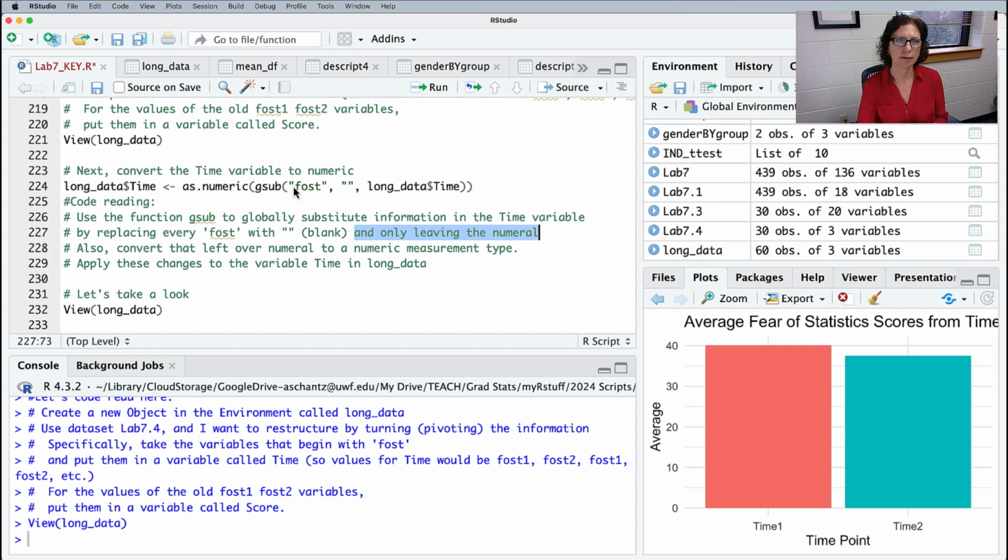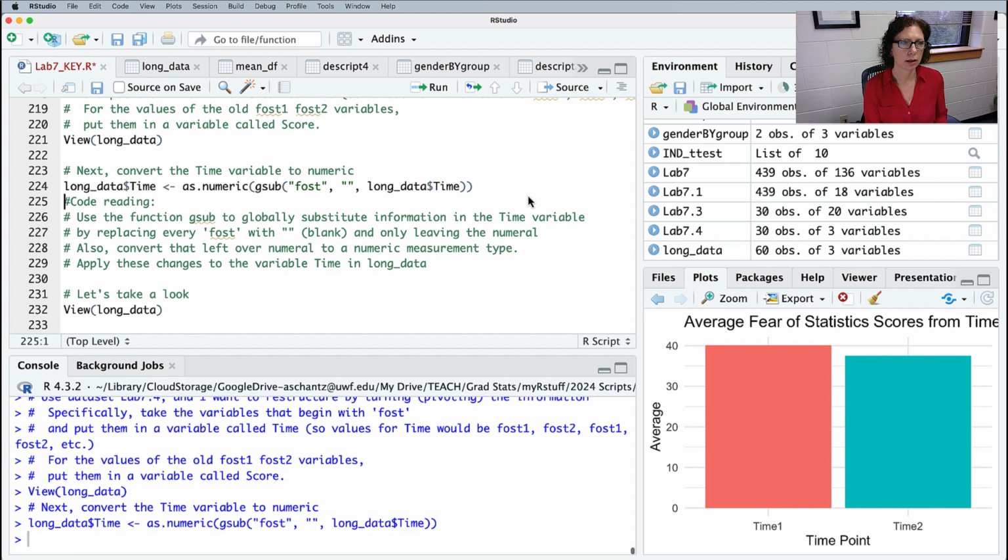Now that we have that substitution done, we're going to convert that leftover numeral to a numeric measurement type, 1, 2, 1, 2, right? And we're going to apply these changes back to the time variable in the long data frame. So let's run that, and then we'll take another look.